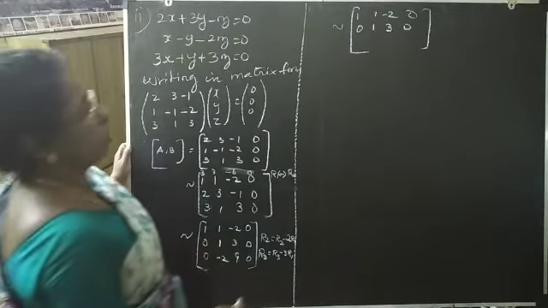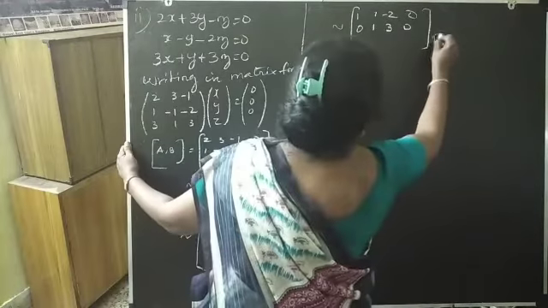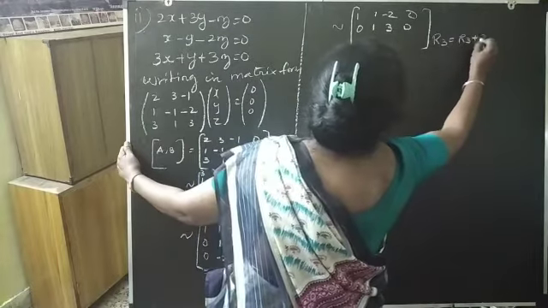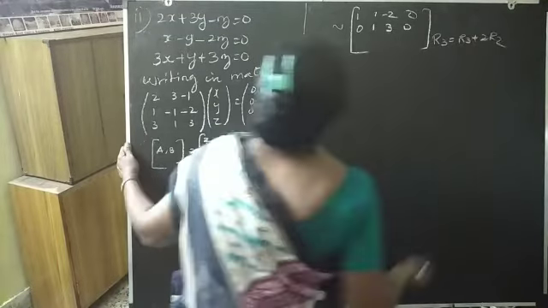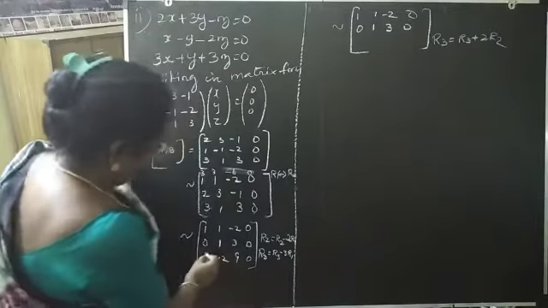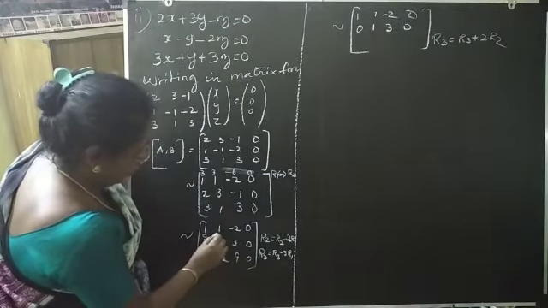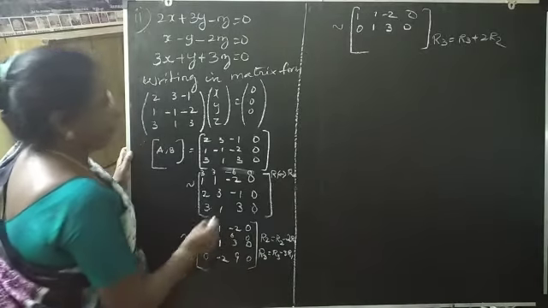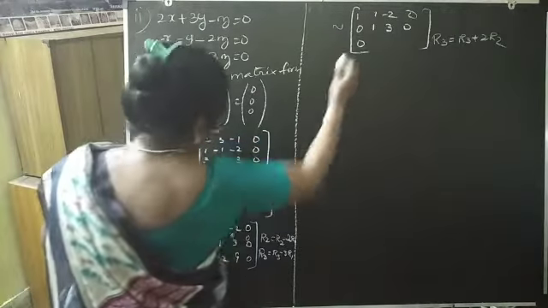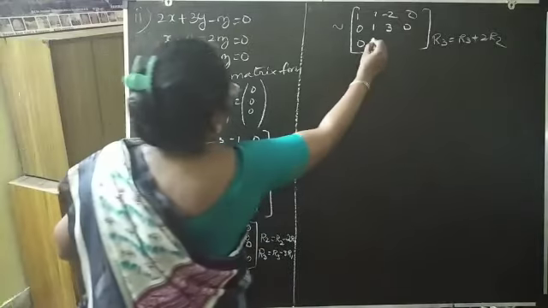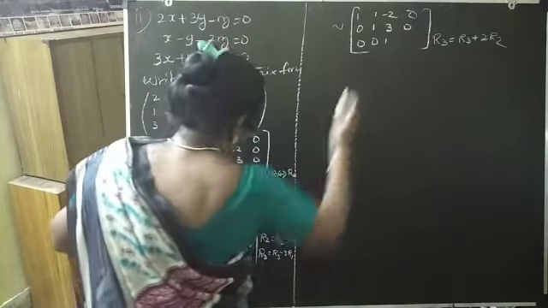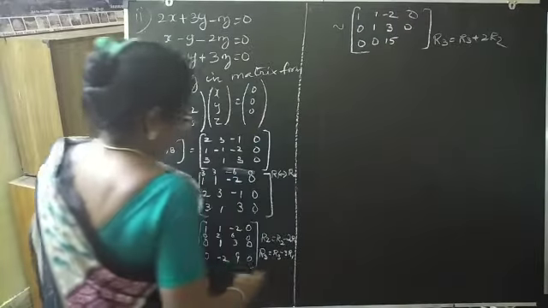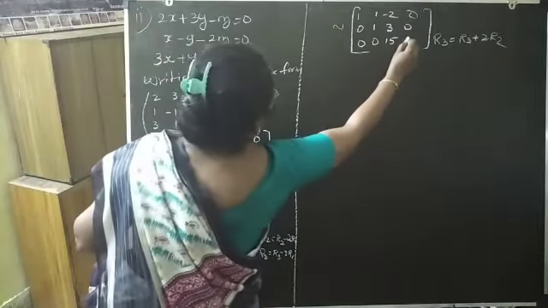So your R3 is equal to R3 plus 2R2. Multiplying this row by 2, you get 0, 2, 6, 0. So 0 plus 0 gives you 0, minus 2 plus 2 gives you 0, 9 plus 6 gives you 15, then 0 plus 0 gives you 0.